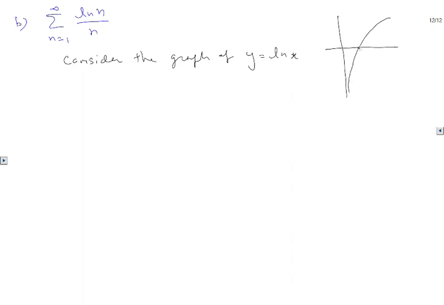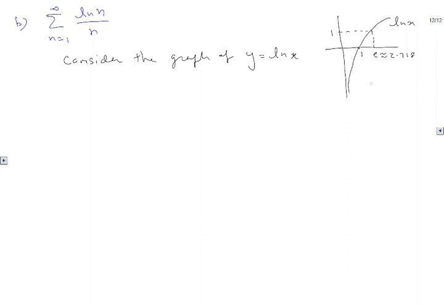At e, which is roughly 2.718, we know that ln e equals 1, so you get exactly 1 here. This is the graph of ln x.